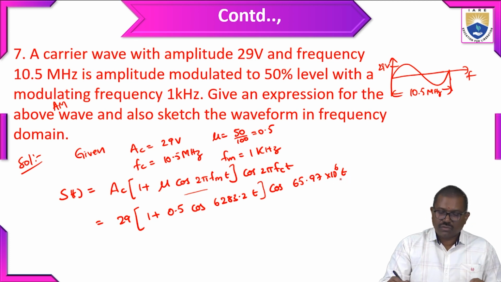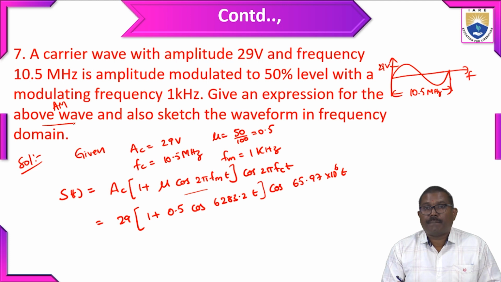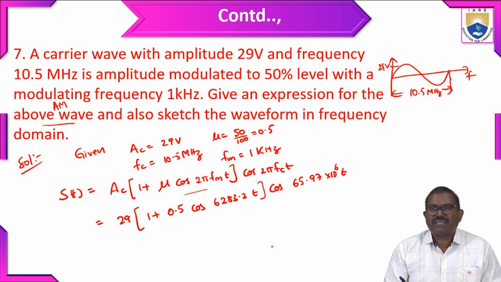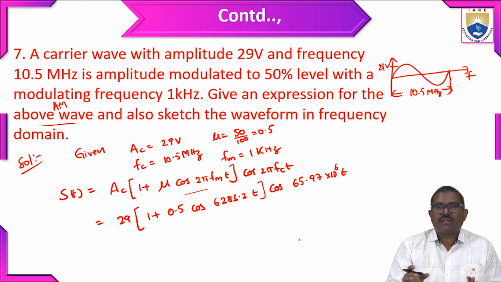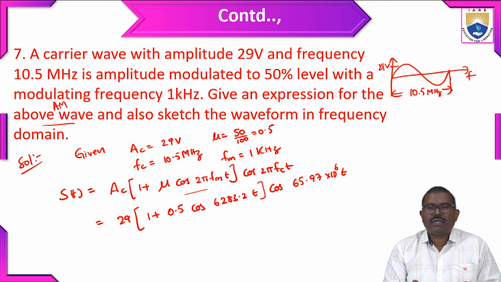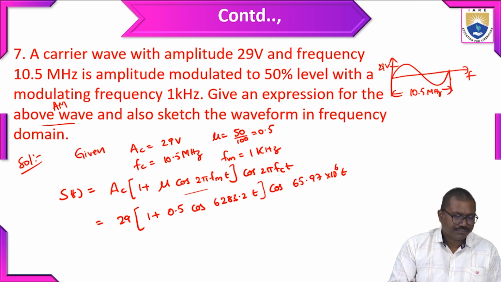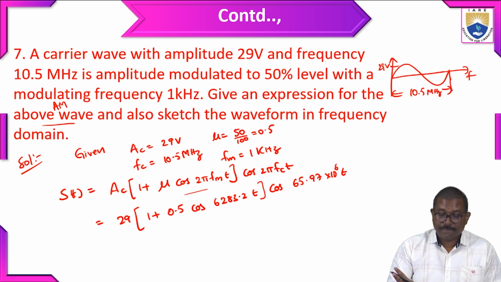So this is my expression for the first bit in this problem. The first bit is the given expression. By using all the given data, I substitute all the values in the expression. You must remember this formula for amplitude modulation, or DSB, whatever it may be.